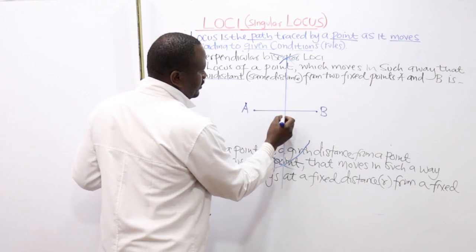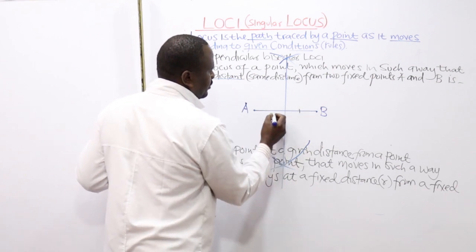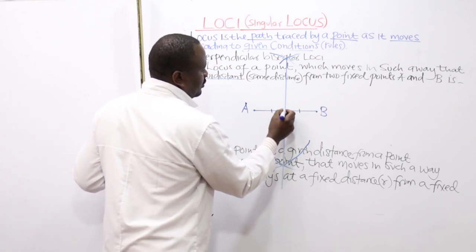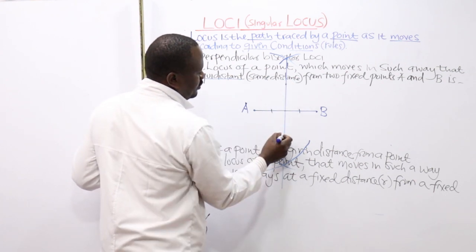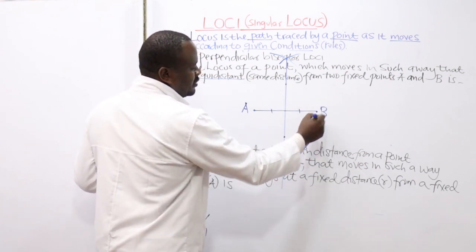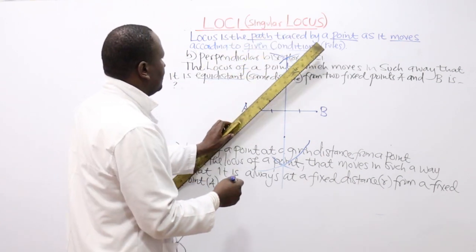But the distance from here to here, the point could be here, or it could be here, or it could be here. The distance will always be the same.